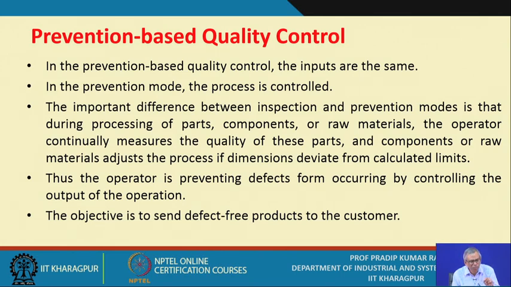So the important difference between inspection and prevention modes is that during processing of parts or components or raw materials, the operator continually measures the quality of these parts, components or raw materials, and adjusts the process if dimensions deviate from the calculated limits. That means, in many cases we find that the operator is an expert. He knows what a go or no-go gauge is, which is used many a time for mass production purposes.